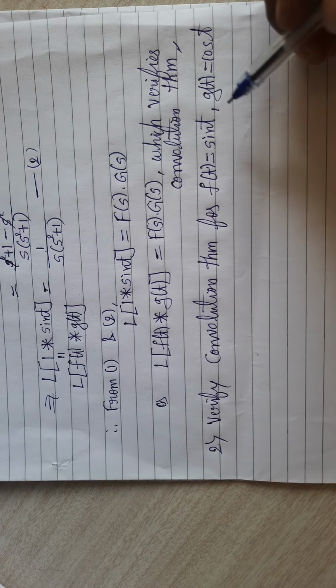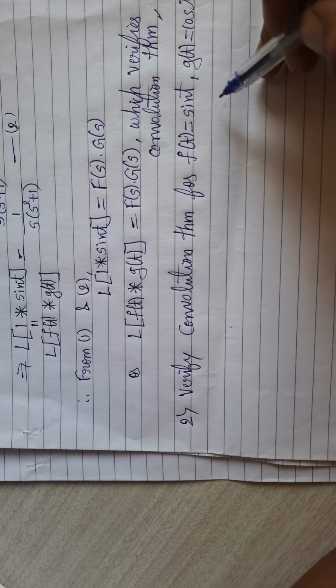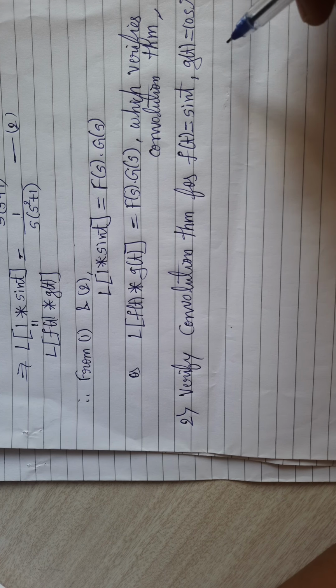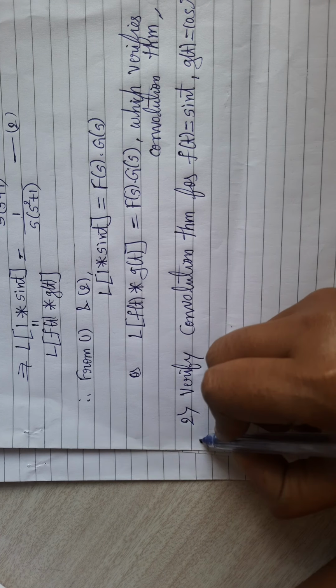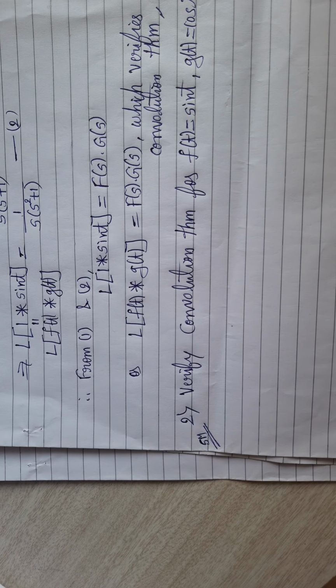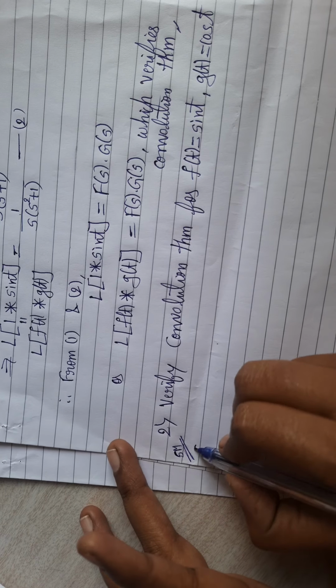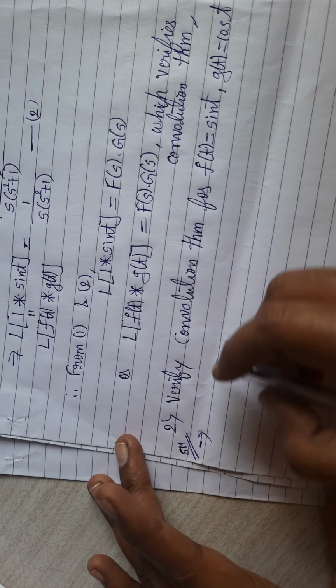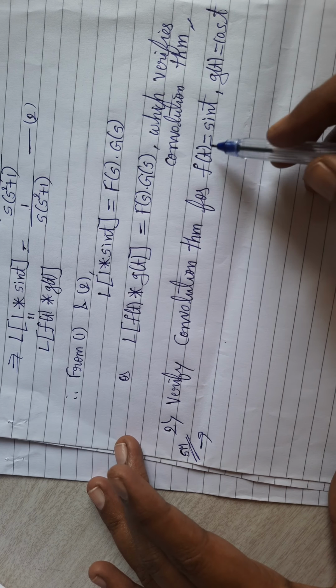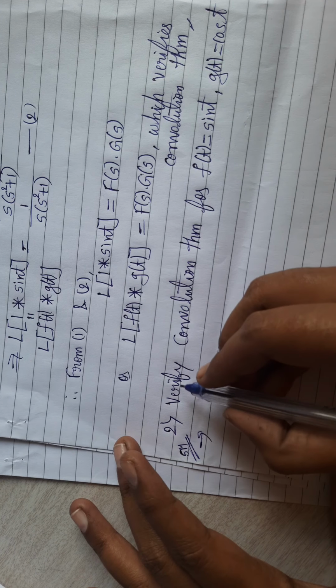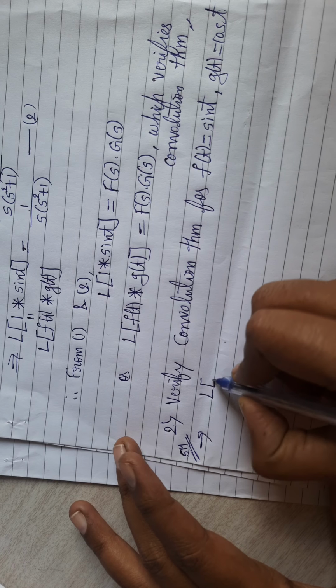Both are trigonometric functions, and no function is constant here. So this example will be asked for the 5 mark section. So write the solution. First we will calculate f of s and g of s. So you write L of f of t.